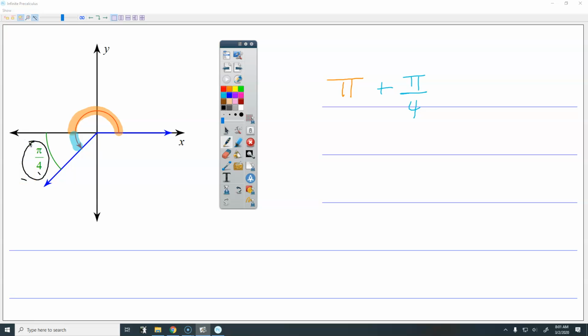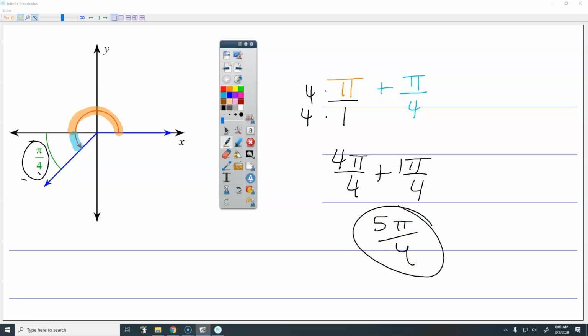So we need a common denominator. What am I going to multiply this fraction by? 4. That's a 1, right? If there's nothing in front of the pi, it's a 1. So what's the final answer there? There you go. So that's what that angle is in radians.